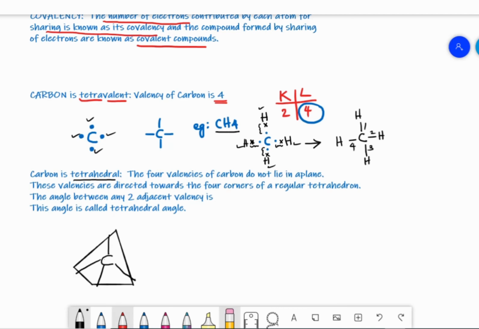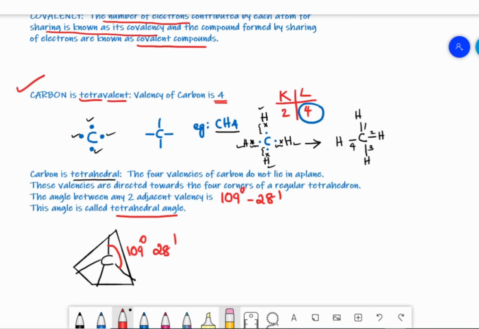The bond angle between any 2 bonds is 109 degrees 28 minutes, and this angle is called the tetrahedral angle.